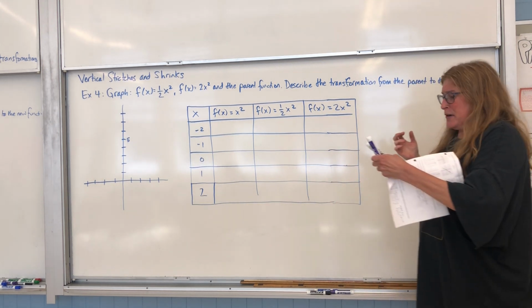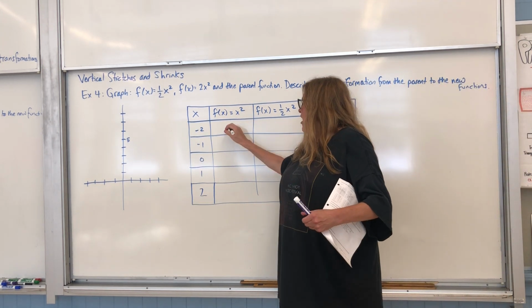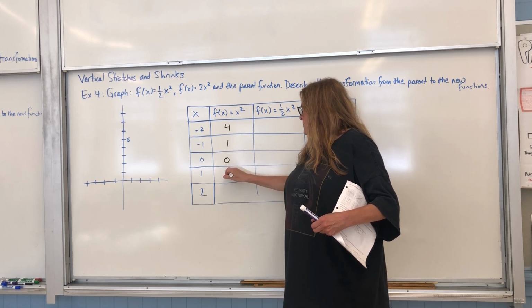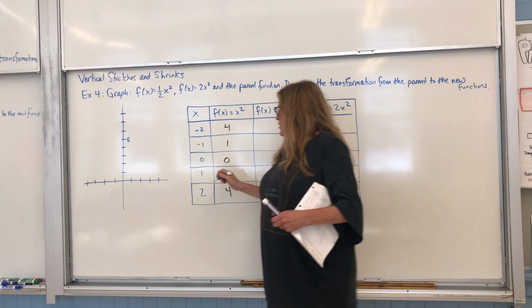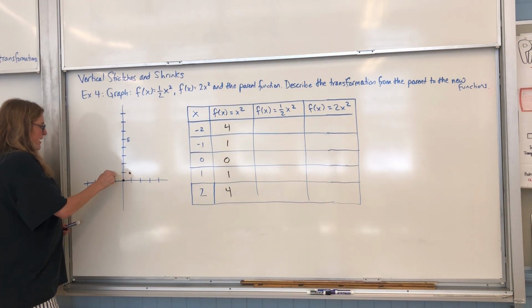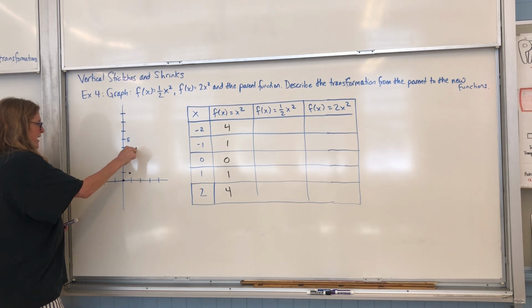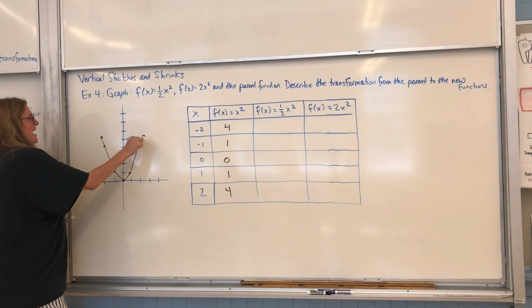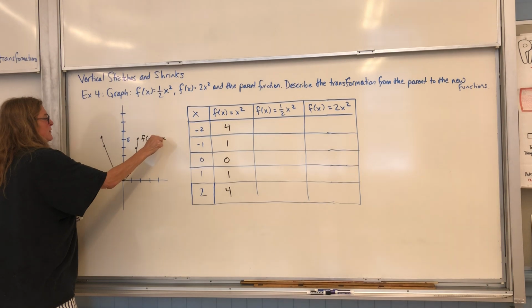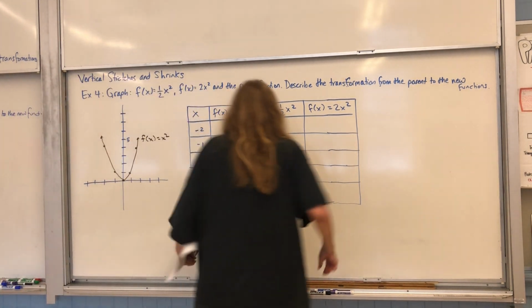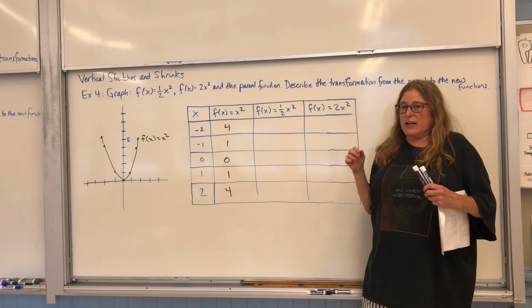Well, let's do a little exploration here. I'm just going to copy these from my parent table. And I'm going to just sketch my parent graph real quickly right here. This is where, like we said, we always compare all of our new graphs, our transformed graphs, to the parent. So it can be handy to have the parent graph as well. Okay, so what if I want to graph f of x equals 1/2 x squared?